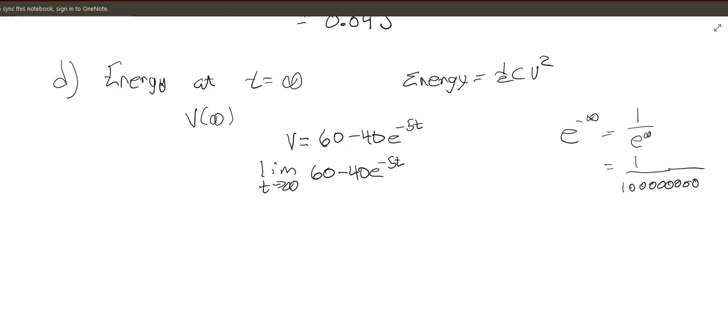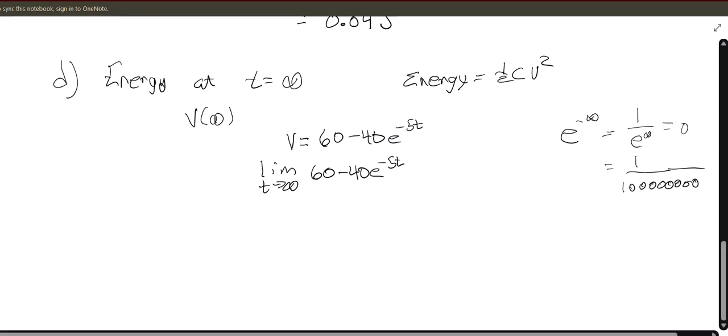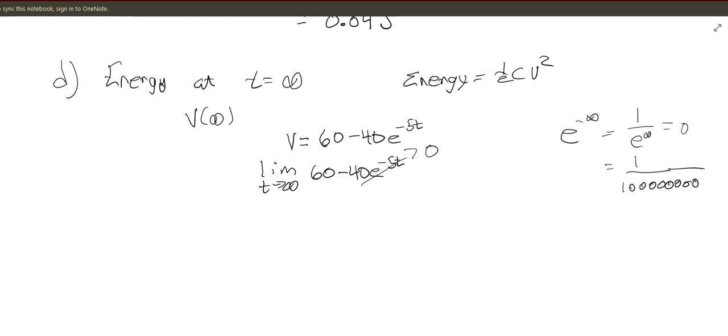As we get closer and closer to infinity, this is getting closer and closer to 0. So the whole thing equals 60 volts. So at infinity, or after a long time, which is how they say it in the problems, the voltage in the capacitor is 60 volts.